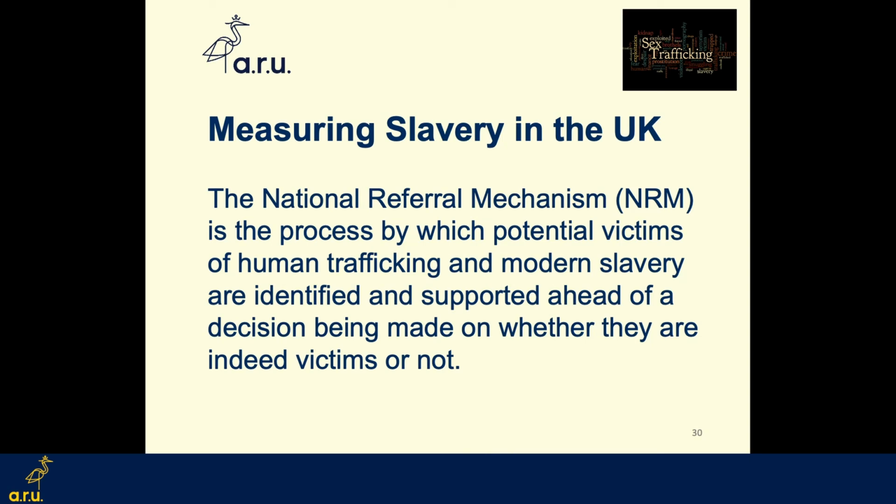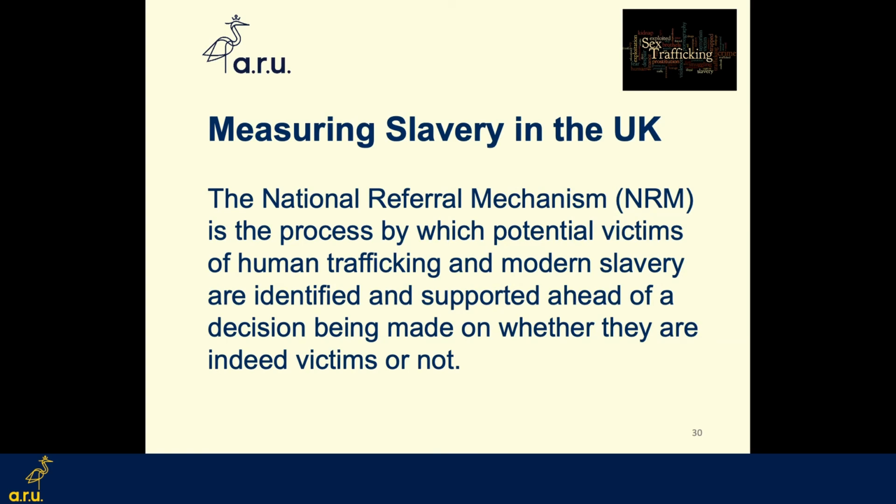According to the Modern Slavery Act, it is an offence for any frontline worker, such as a social worker or a police officer, if they do not initiate the National Referral Mechanism at the first point of contact of a potential victim of modern slavery. They could be prosecuted themselves under the same provisions.